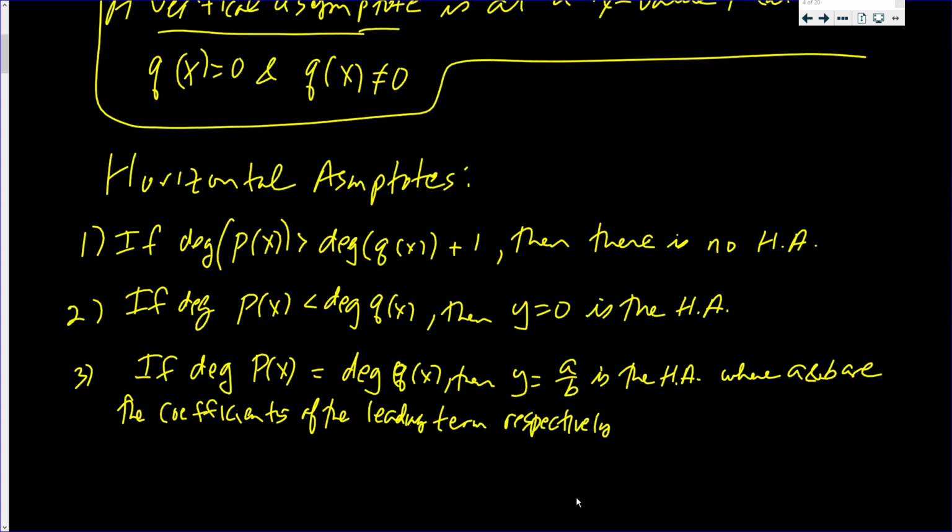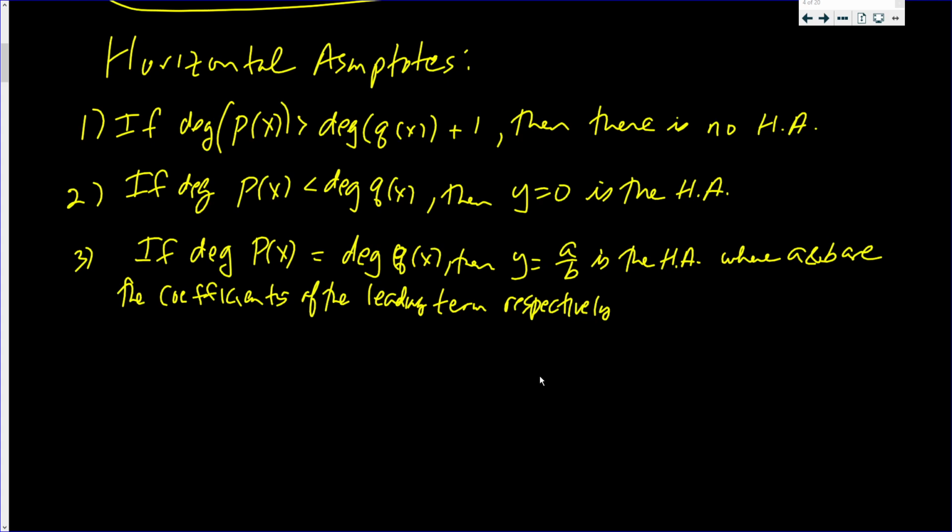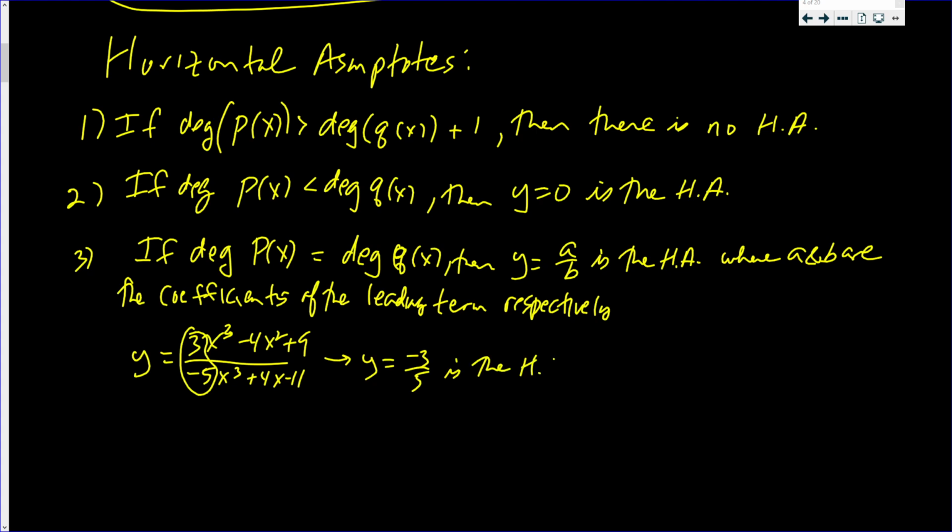Why don't we look at an example here? If y is equal to 3x to the third minus 4x squared plus 9 over negative 5x to the third plus 4x minus 11, since the degrees are the same, they're both 3, you just divide the numbers in front and you have the horizontal asymptote.